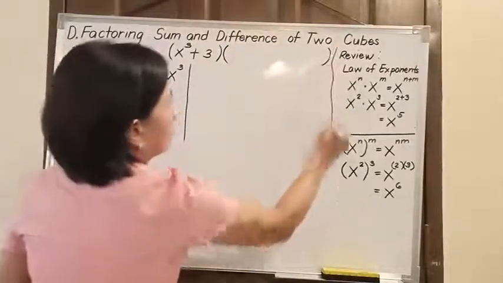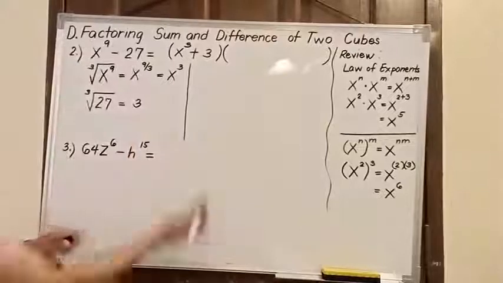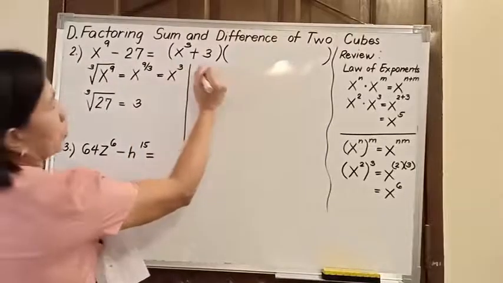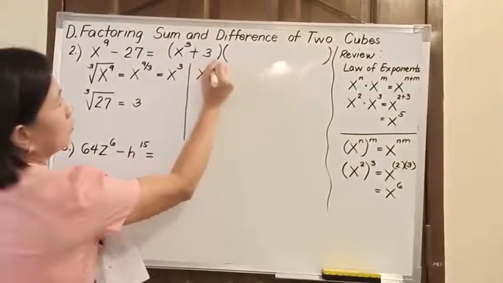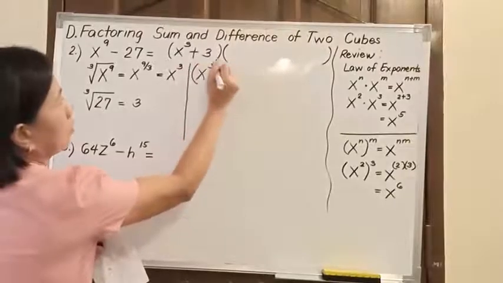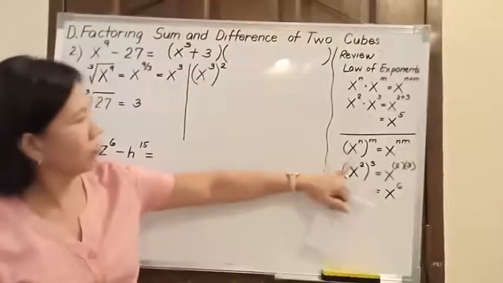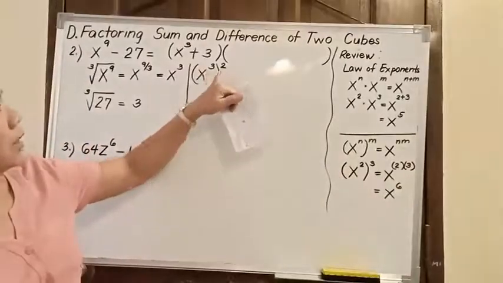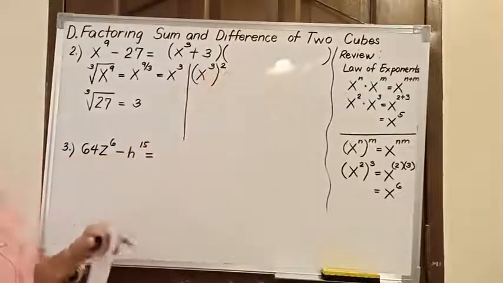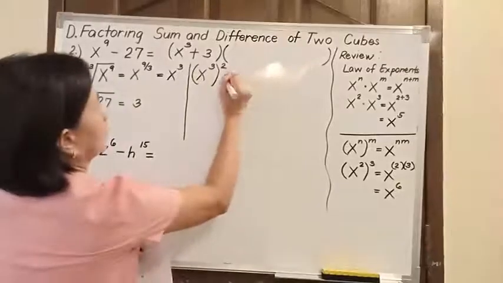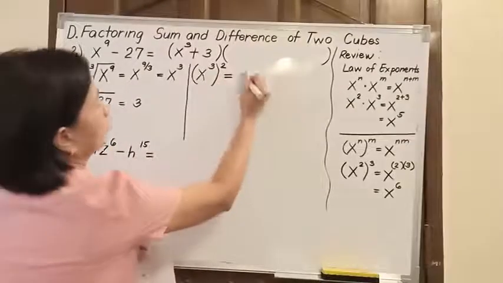How about the trinomial factor? For the trinomial factor, you have to get the square of x cubed. What is the square of x cubed? Using this law, we will simply multiply the exponents of x. What is 3 times 2?